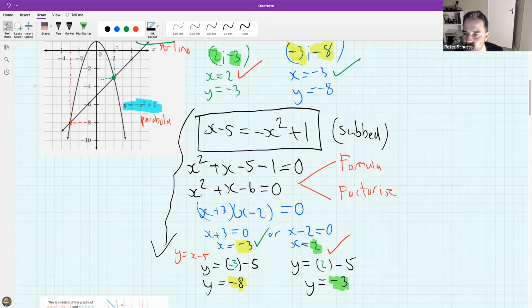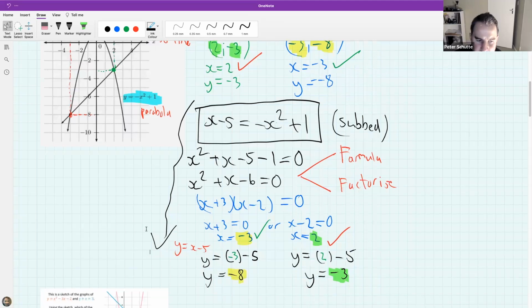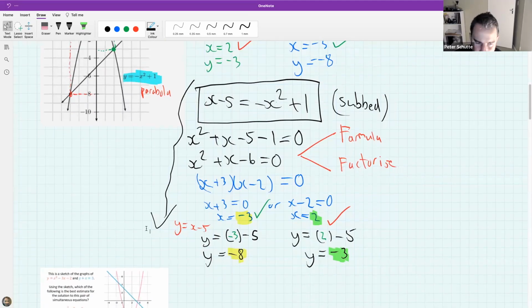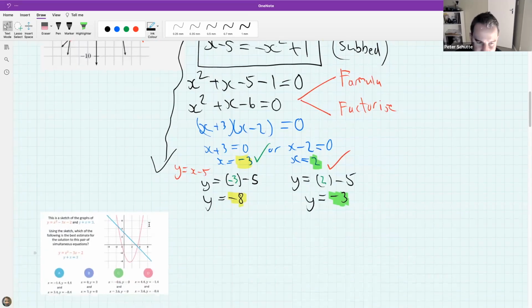I would love to answer a question if you do have one. So Humlelo has asked, can we use the simultaneous equation method to solve this? Yes, there are other methods that you can use, Humlelo, as long as you are getting the same answer, you're completely fine.